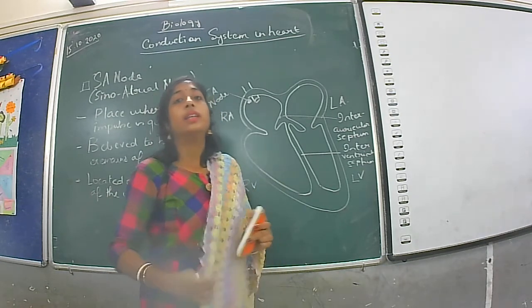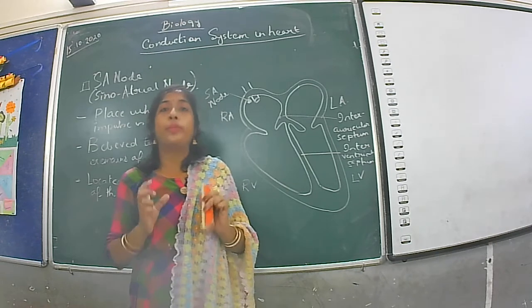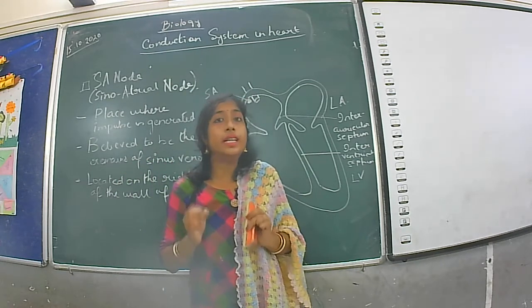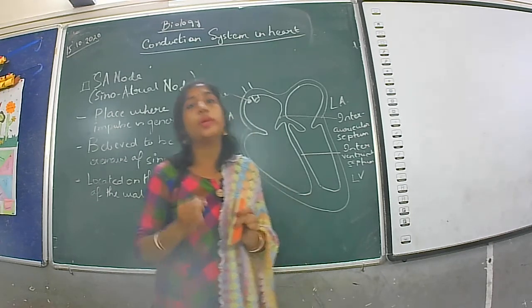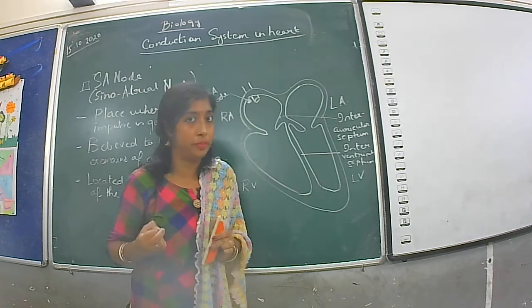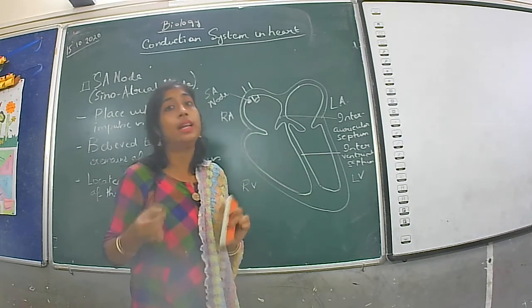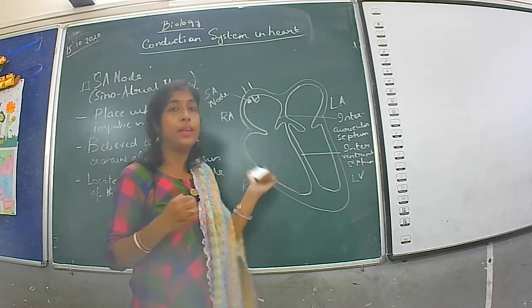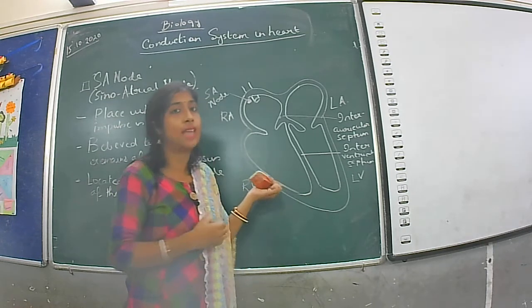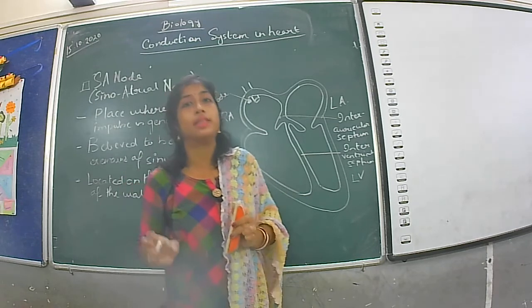This AV node is present on the right atrium, but it is near the junction between the interauricular septum and interventricular septum. First listen to what I am saying, then I am going to draw the diagram and point out exactly what is happening, and you will be able to understand it clearly.